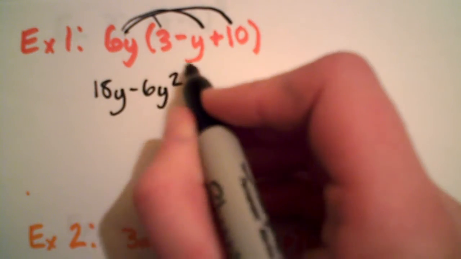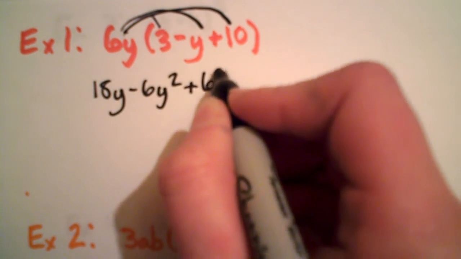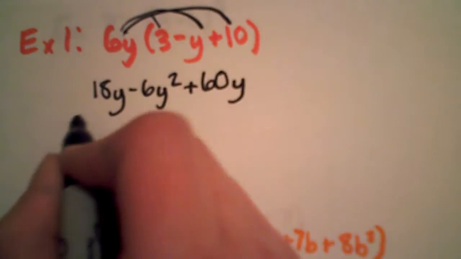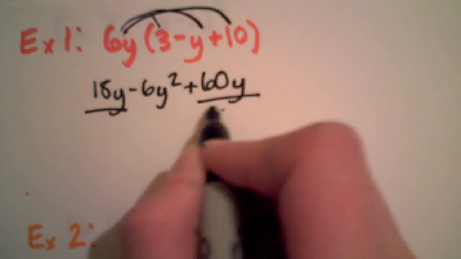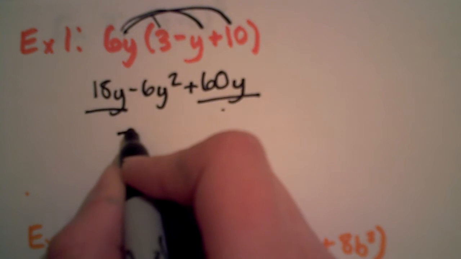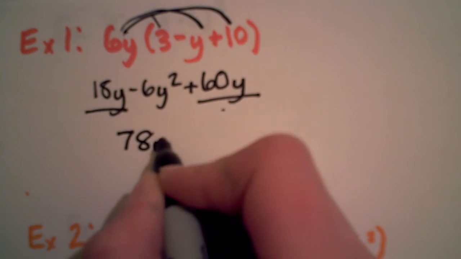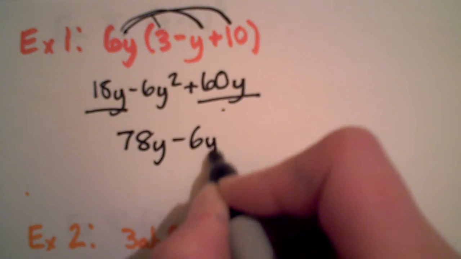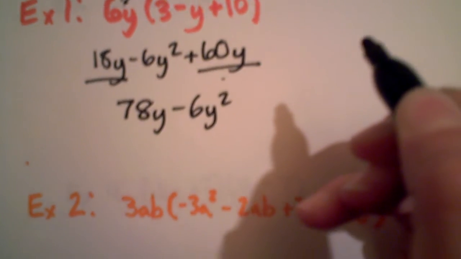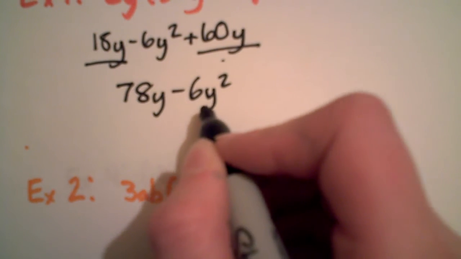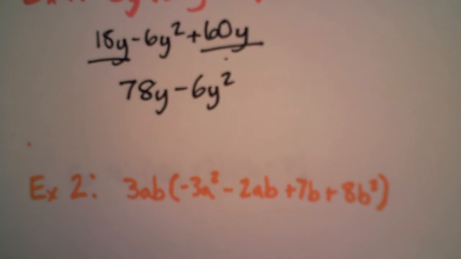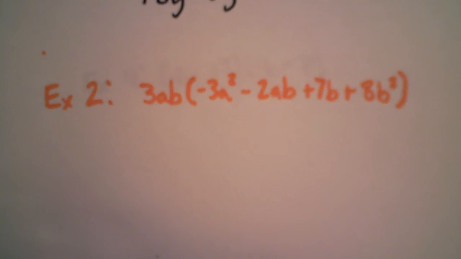Then this is going to get us plus 60y. And our 18y and our 60y are like terms, so they can be combined. We're going to have a 78y minus 6y squared. And you can put it in proper order because a lot of the time they want the y squared in front, but I'm just going to leave it as is for now.